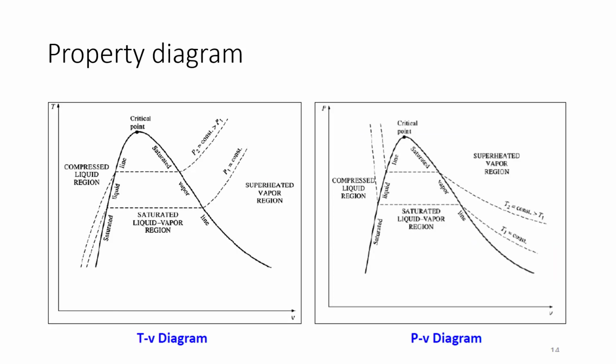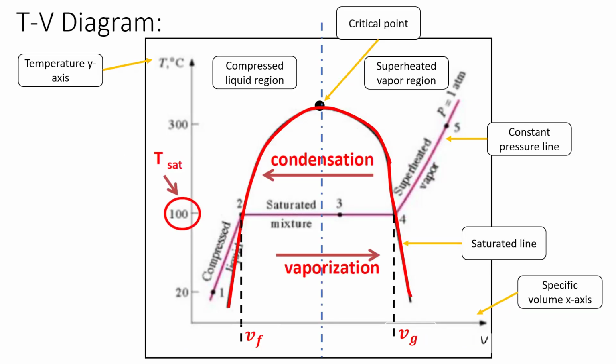Okay, next we will be looking at the property diagram. Property diagram can be divided into two, which are the TV diagram and PV diagram. Both diagrams have a bell curve graph. From the property diagrams, we can define the state of our substance, whether it is compressed liquid, saturated liquid, saturated vapor, or superheated vapor. Now, for example, let's take a look at the TV diagram. The diagram is a temperature versus specific volume diagram.